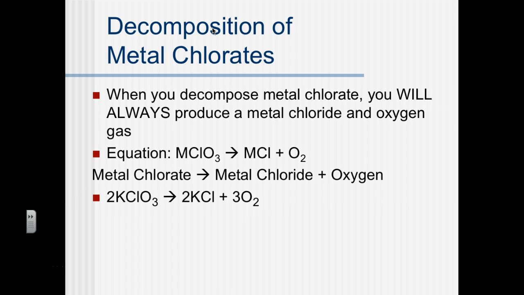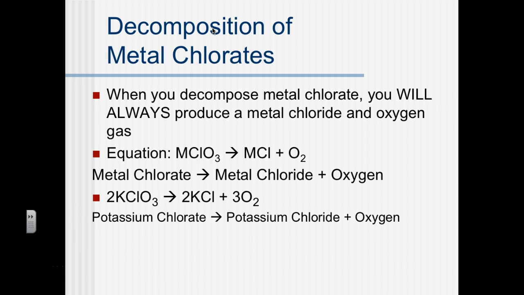This is actually one of the ones we're going to do in the lab. We are going to decompose potassium chlorate, and it makes potassium chloride plus oxygen. One thing that's really important is that whenever you do these in a lab, sometimes you have to use a Bunsen burner. And whenever you use a Bunsen burner, you have to show that in the equation. How?